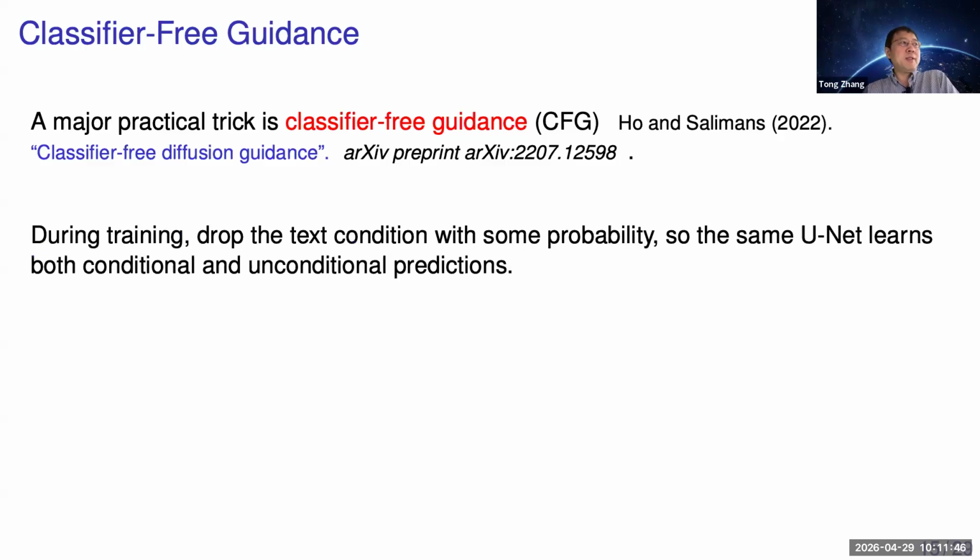So what is the idea, right? Basically, there's a small change in training. Typically in training, we have the text conditioning, right? With a small probability, say 0.1 is a typical number, you drop this text conditioning so that you just have no conditioning. Then you use the UNet to learn with basically empty text, which means there's no text conditioning.